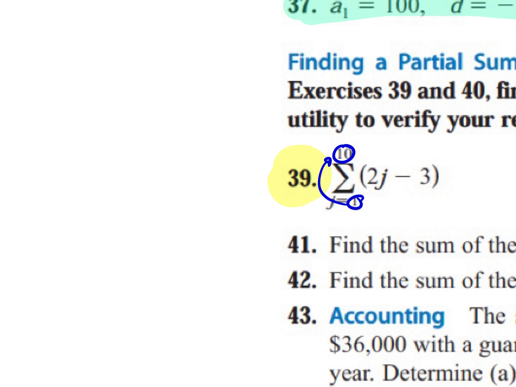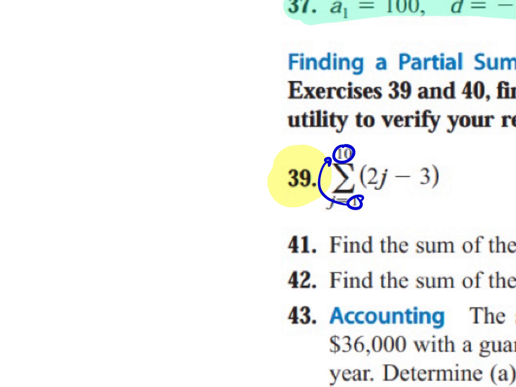This one might take a little bit of time because you actually have 10 numbers that you're plugging in. If it was like 1 through 4, I would totally recommend just plugging it in and adding them all together. You can put it in your calculator. So you could do it either way.